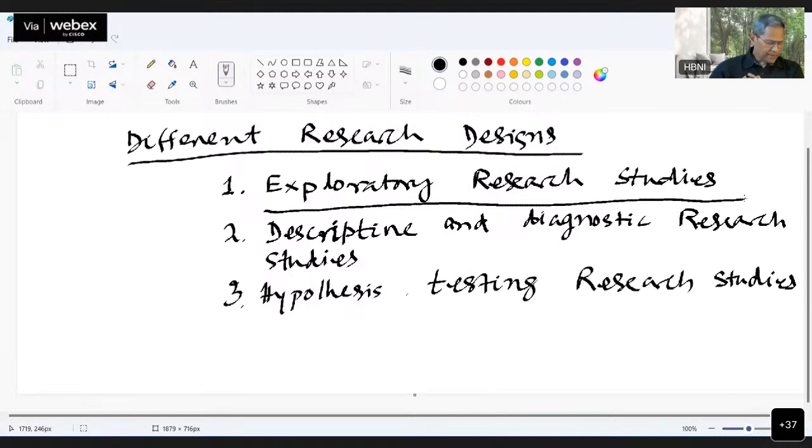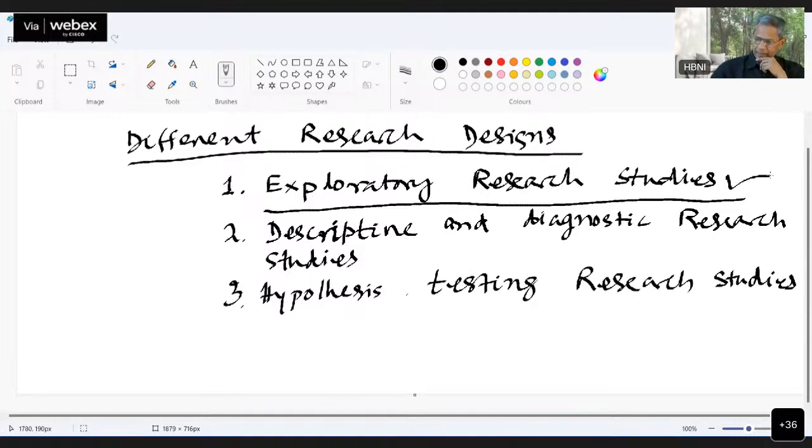But once you do this, you get some better insight into the whole research process, and you can develop some new hypothesis. This type of experiment is very flexible in design, so that as and when required, you can change. So this is what is called exploratory research studies.